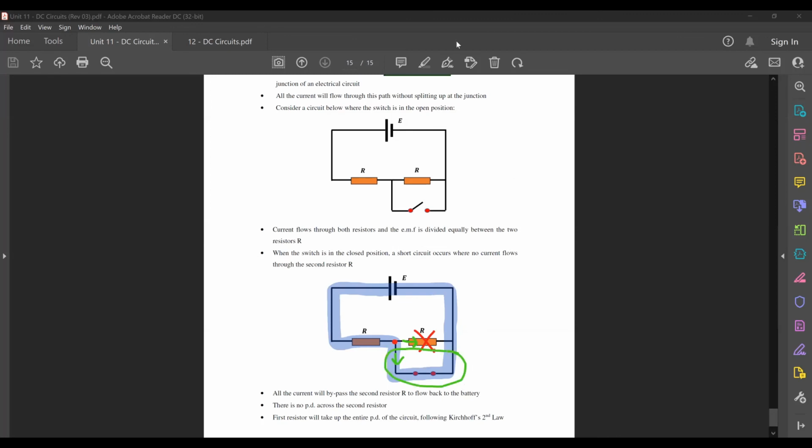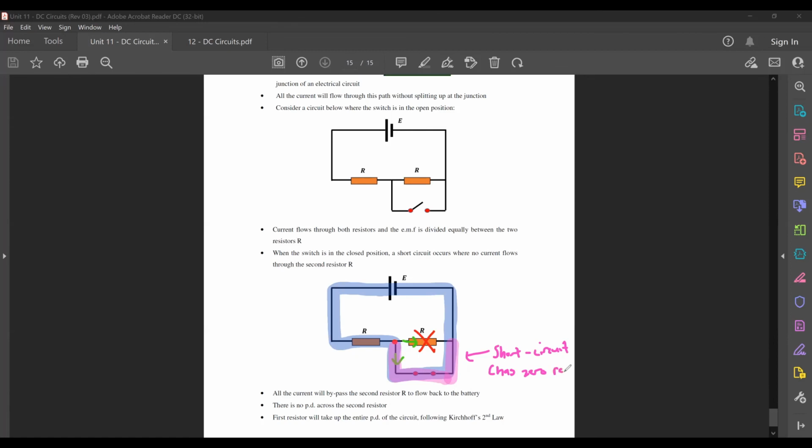This entire path here is considered to be your short circuit because it has zero resistance. This pink colored path that I've highlighted is your short circuit path because it has zero resistance.